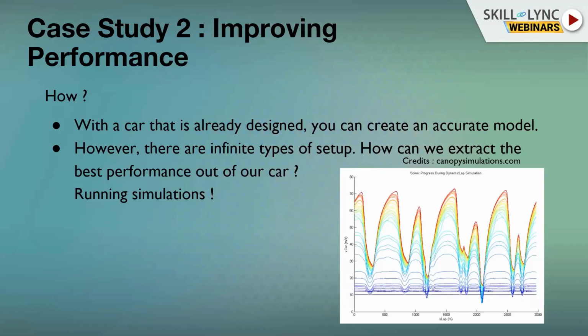But of course, Laptime simulation needs different iterations because what it is doing is that it runs a first iteration of the circuit, and then when it has done the first iteration, it checks where you can improve the grip on the corners, and how it can improve braking phases or acceleration phases. So that's why you have, as you can see on the graph, different iterations until the best one is achieved.